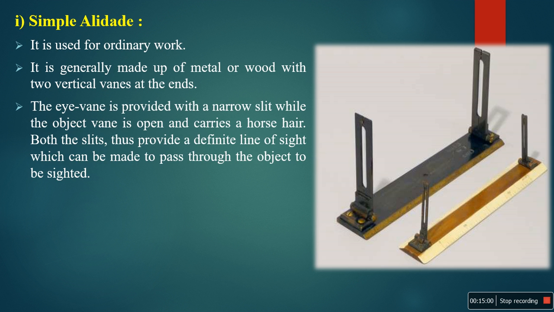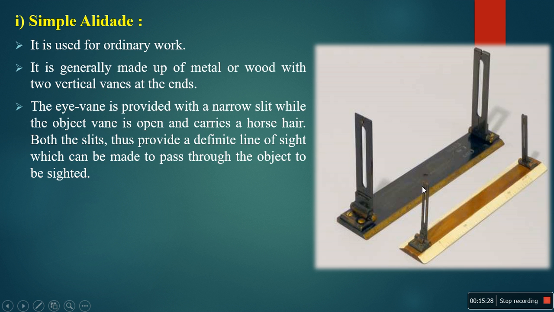Then the eye vane is provided with a narrow slit, while the object vane is open and carries a horsehair. So just observe here, these are the 2 vanes, and this is the small vertical hole. It has a smaller thickness. This is the eye vane, and here it is a narrow slit.